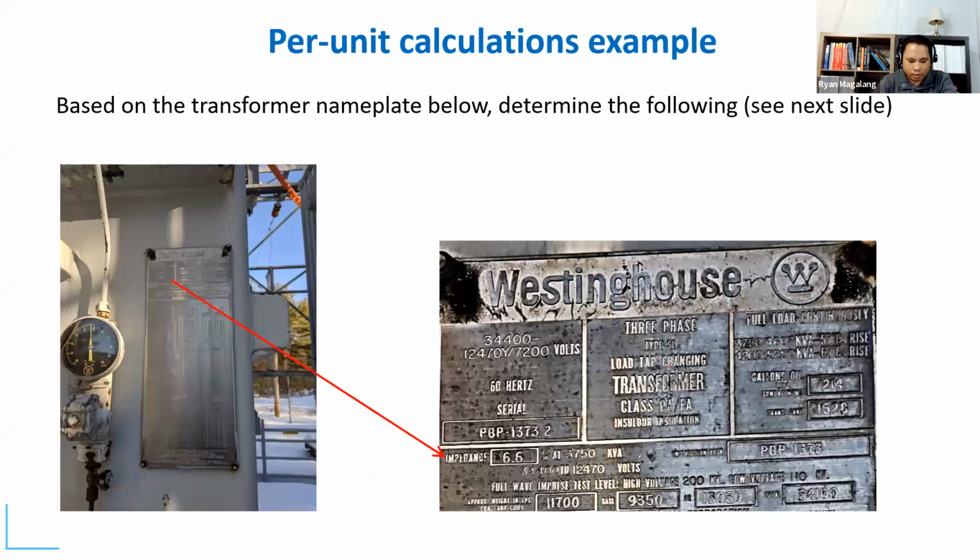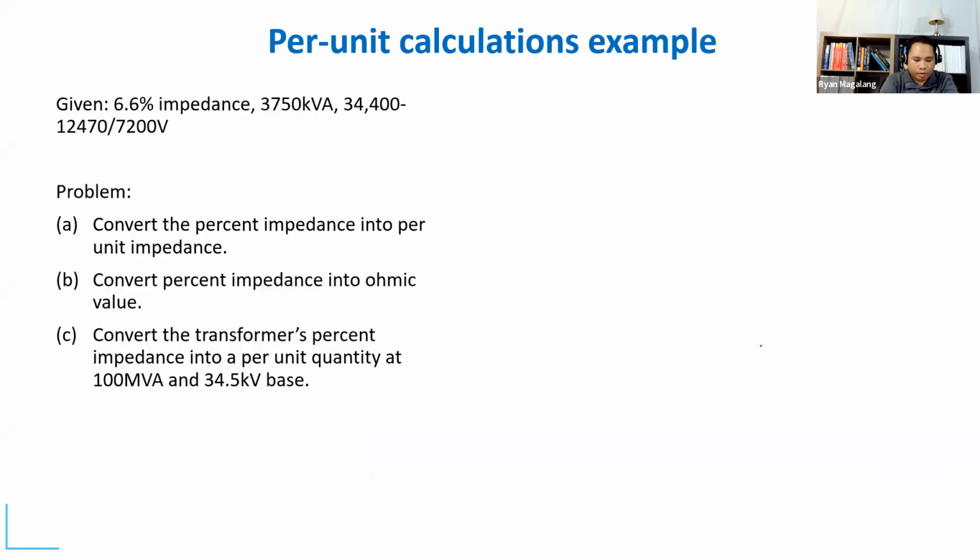So okay, this is an actual nameplate. This transformer has 6.6% impedance, 34,400 to 12,470 volts, and then 3,750 kVA. So we want to convert the percent impedance.